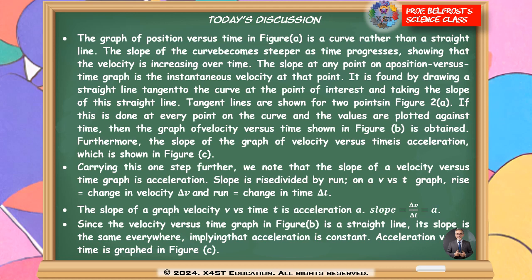We have x equals x0 plus vt plus half times a t squared. So we expect that because of the t squared, the graph will not be linear. It's very important to note this.